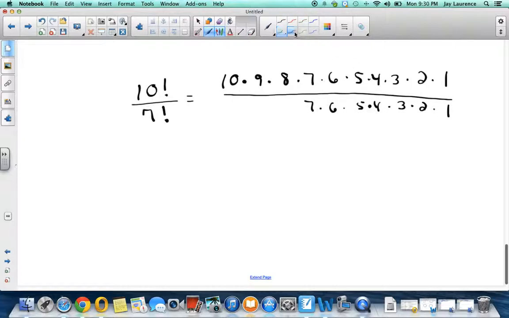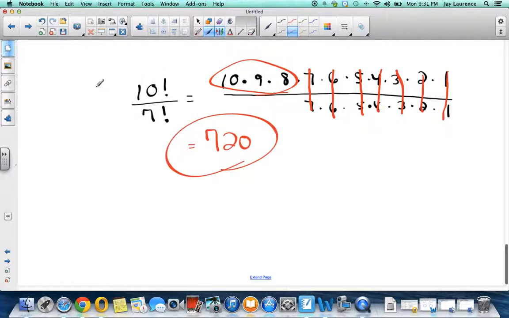Well, I like to cancel out wherever I can. Since the numerator is all multiplication, the denominator is all multiplication, and there's division because of the fraction bar, I can divide the 7s out, the 6s out, the 5s, the 4s, the 3s, the 2s, and the 1s. And so the problem becomes 9 times 8 is 72 times 10. This would equal 720.